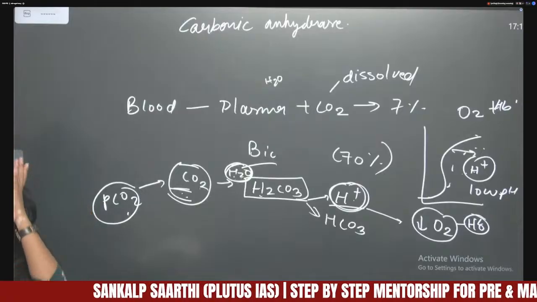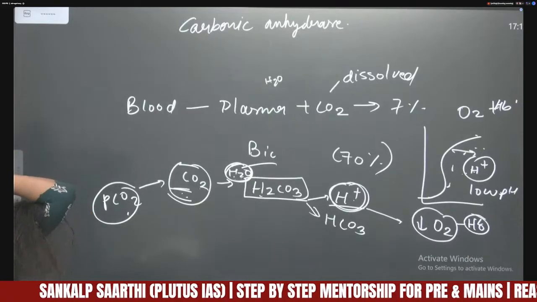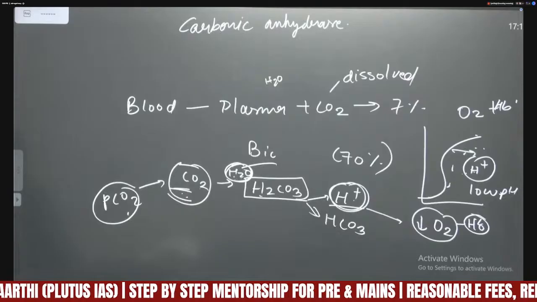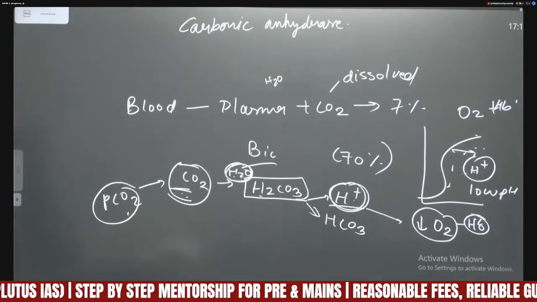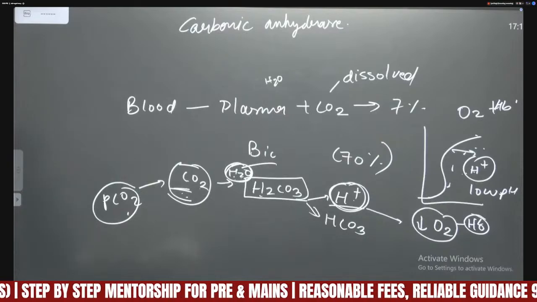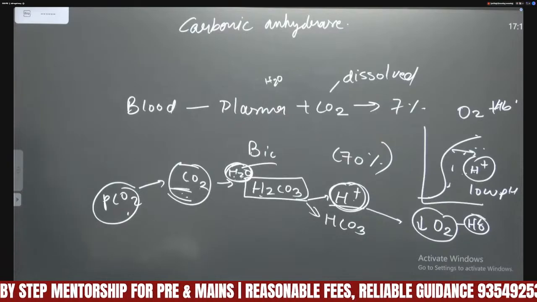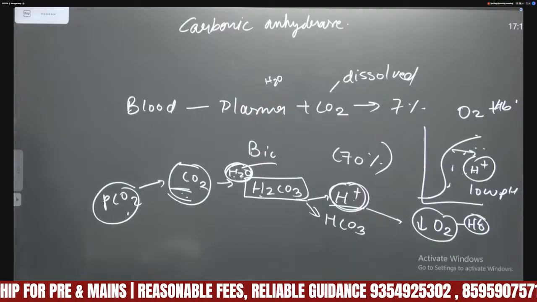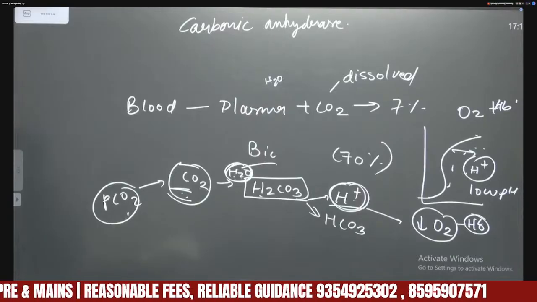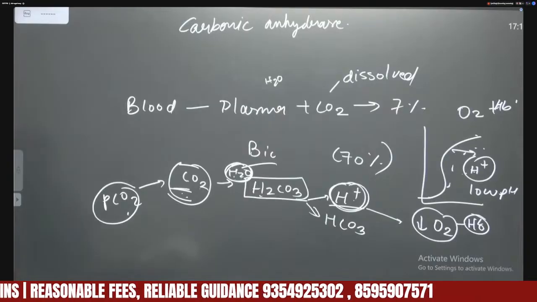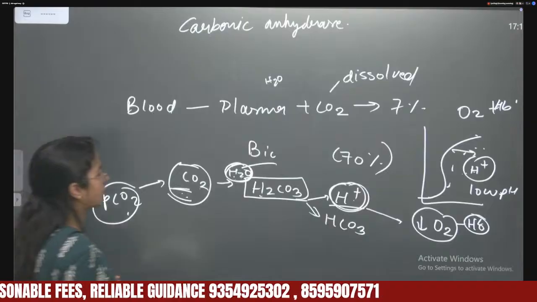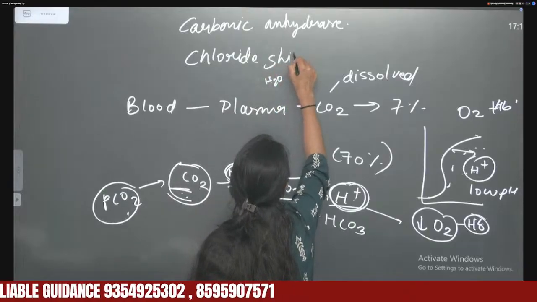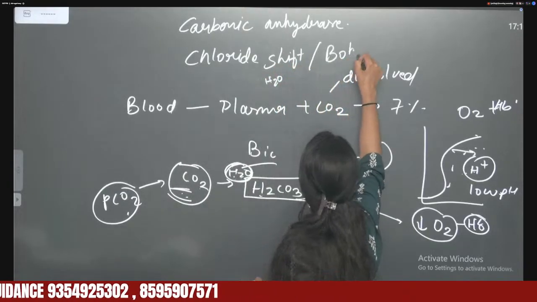In exchange, chloride ions move from plasma into the RBC, which maintains the electrical balance, and is known as the chloride shift and Bohr effect. Now did you understand?